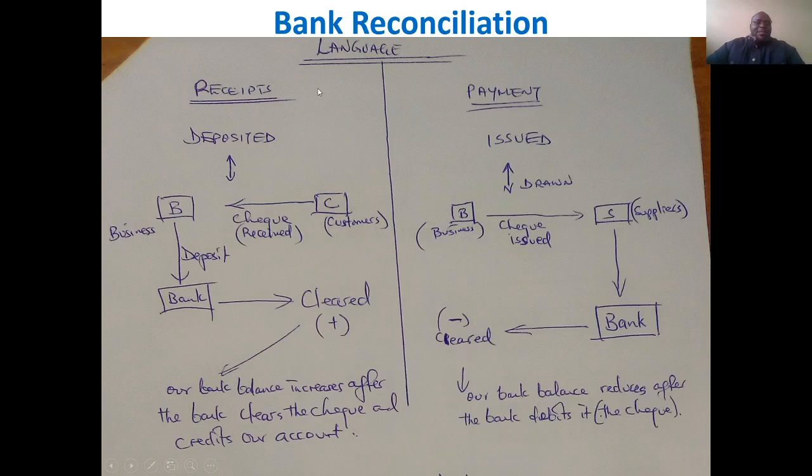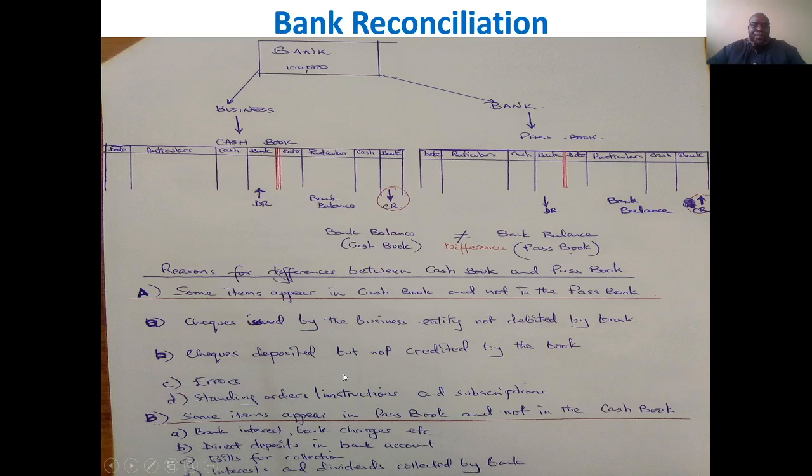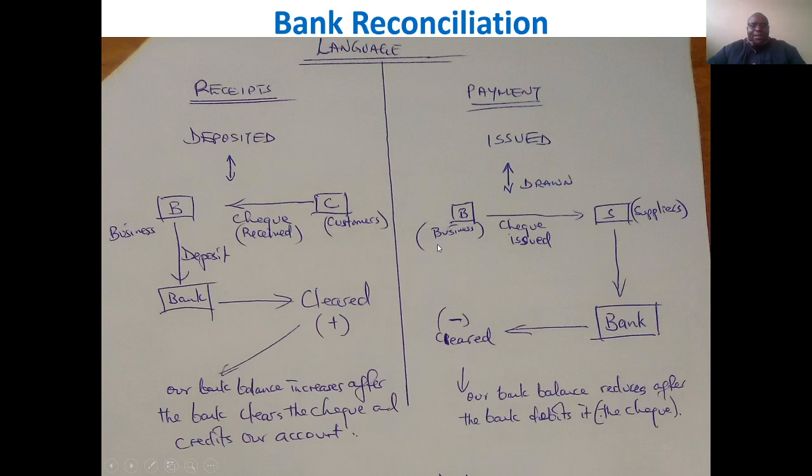So when we are receiving money, it means that the money has been deposited by debtors or our customers. We receive a check to the business and then we deposit that money into the bank. It is cleared and our bank balance increases after the bank clears the check and credits our account, credit side.